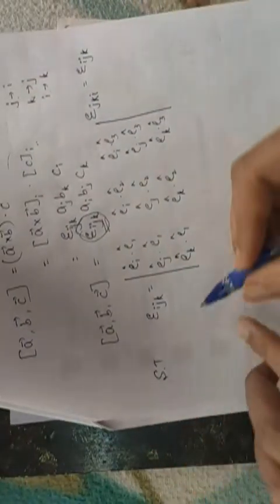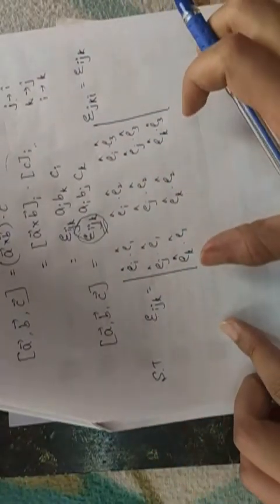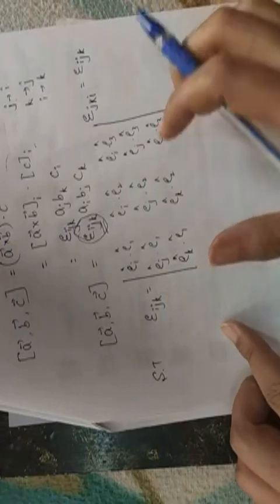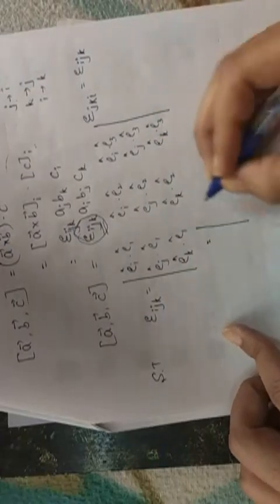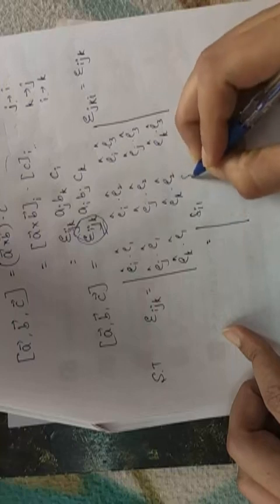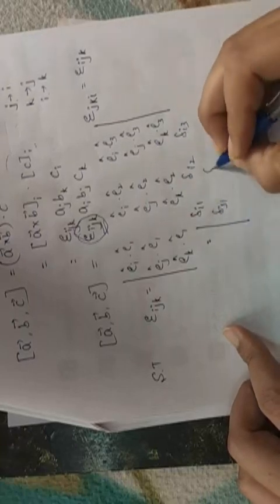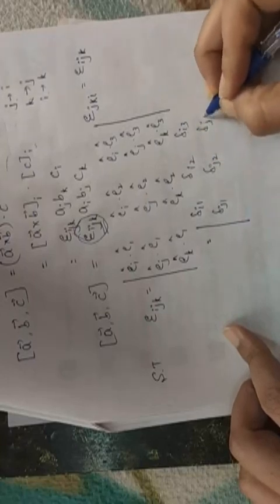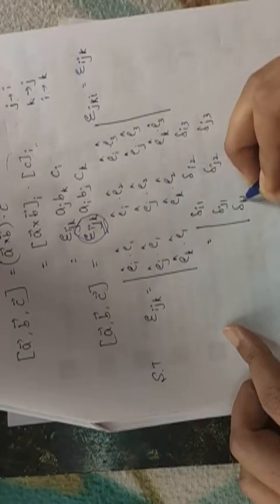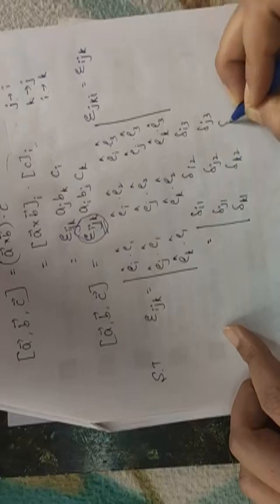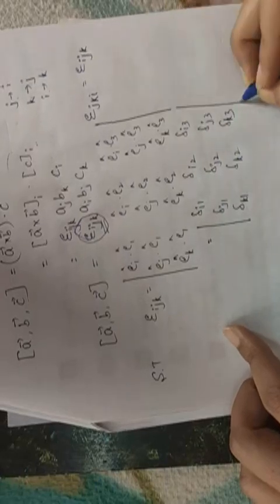First I have to show that epsilon ijk is equal to the determinant of these terms, and this is equal to the determinant of delta i1, delta i2, delta i3, delta j1, delta j2, delta j3, delta k1, delta k2, delta k3. These two things I have to prove now.